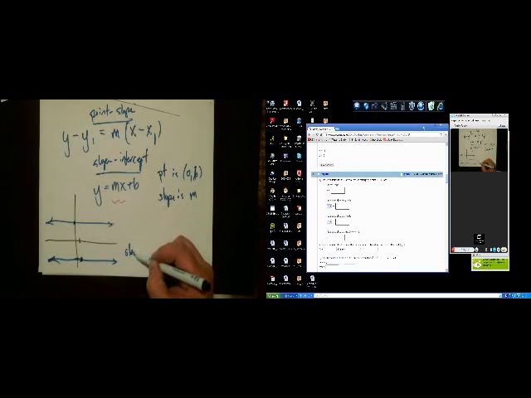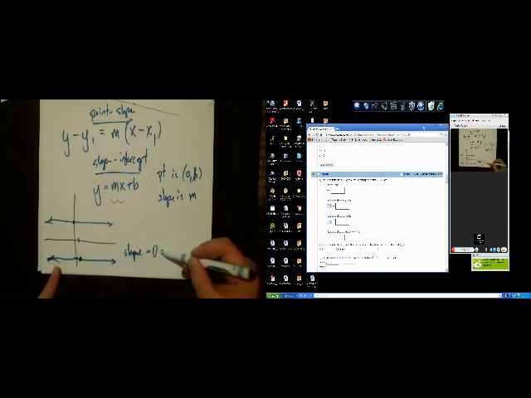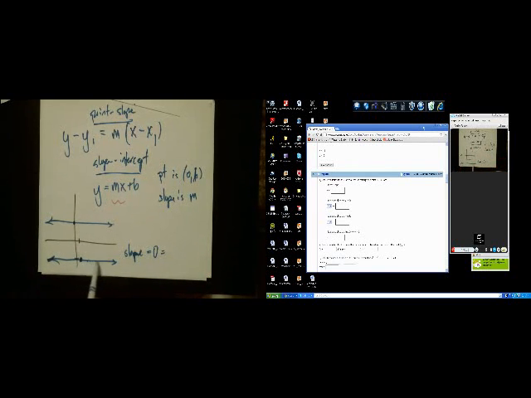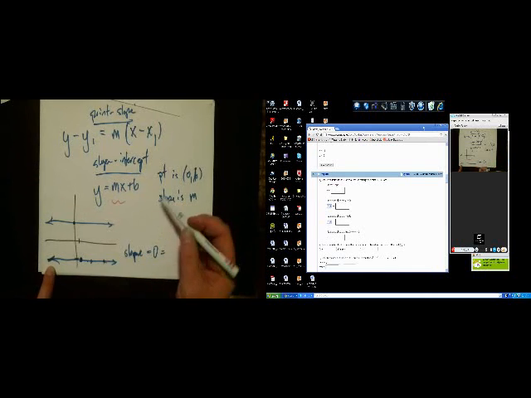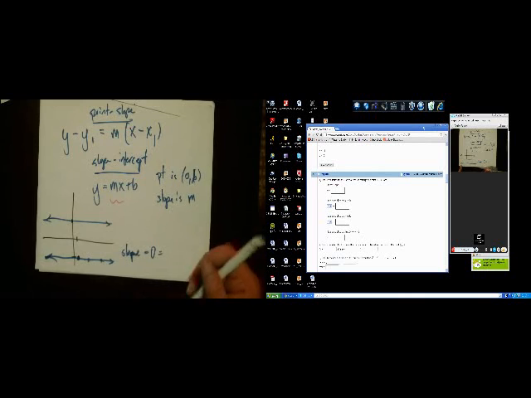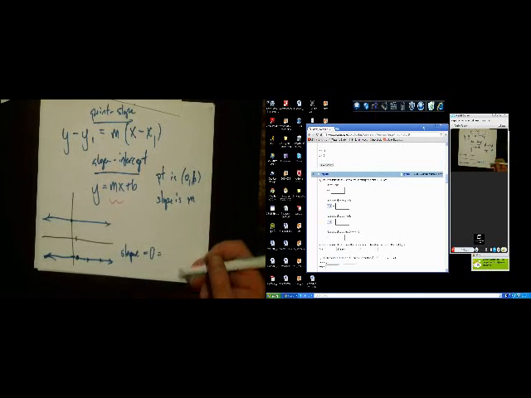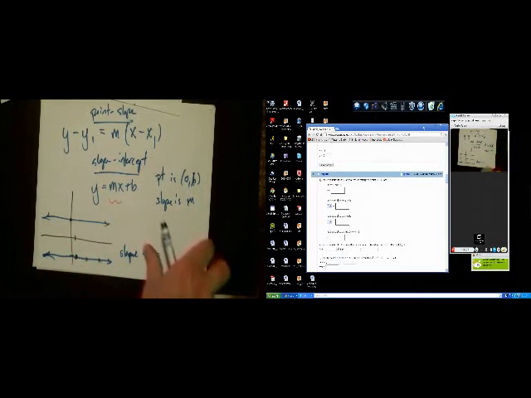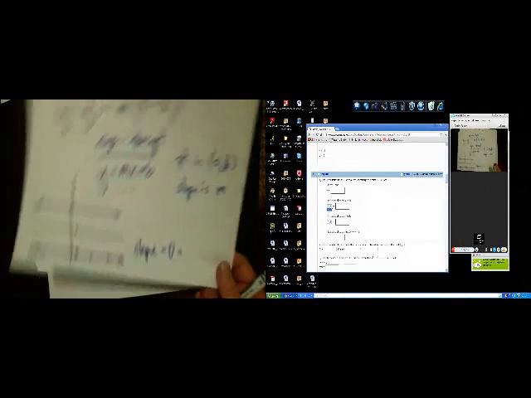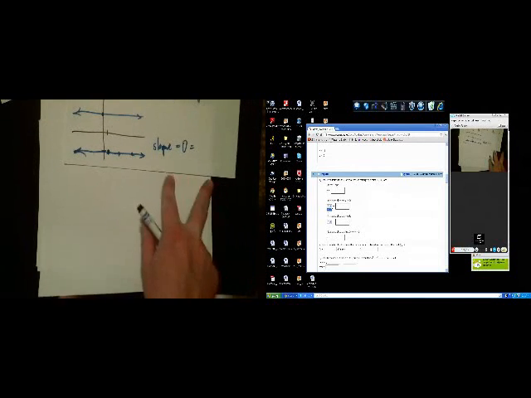The slope is 0 because the rise is 0. There's no difference in the y values between any pair of points. So would the answer to B be y equals -5? Right. It's a constant function. For every value of x, the output is -5.